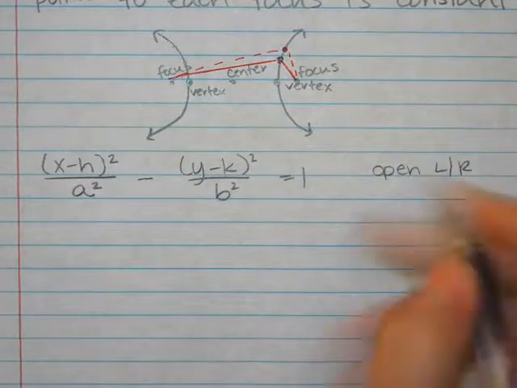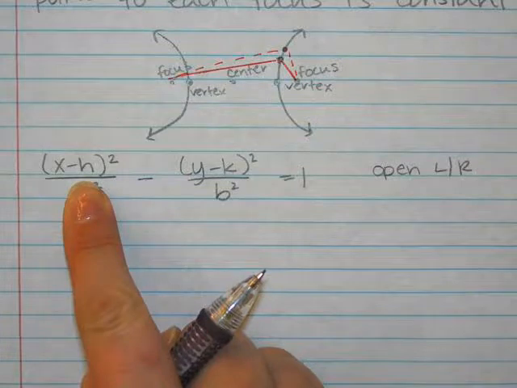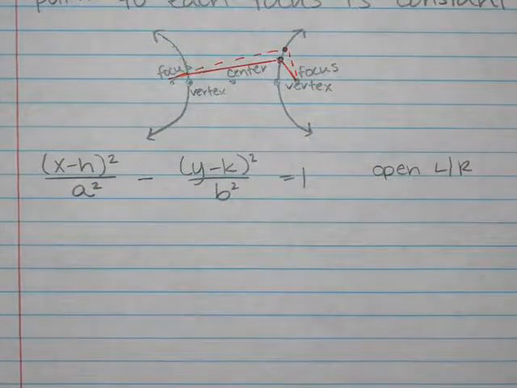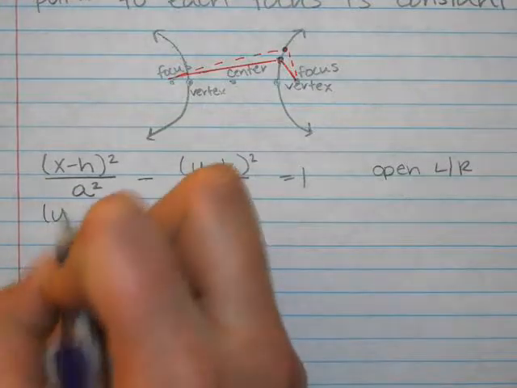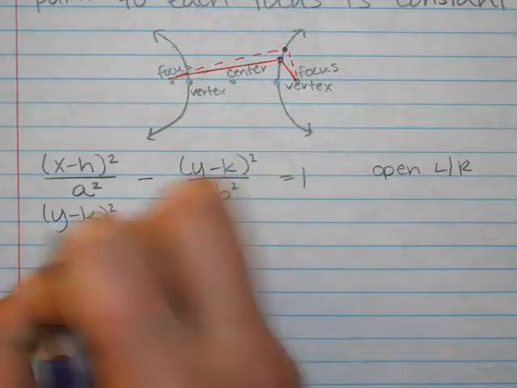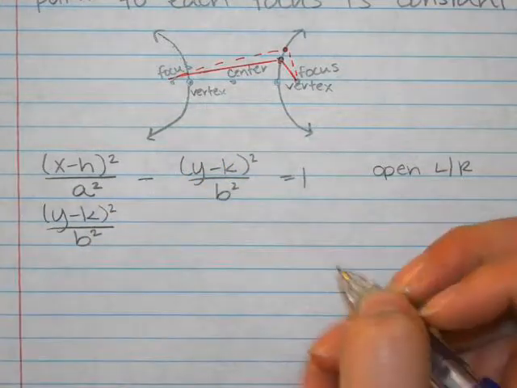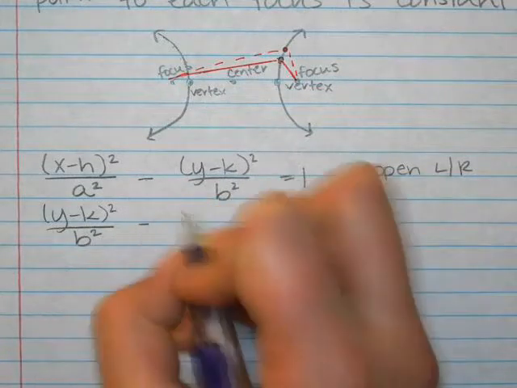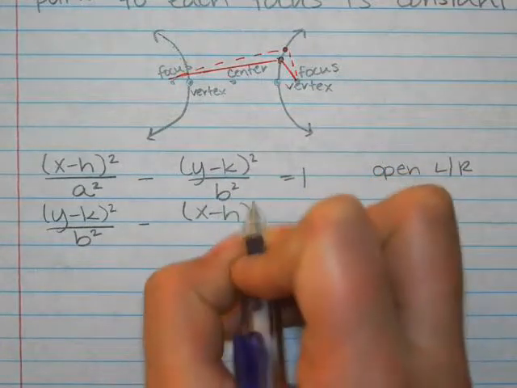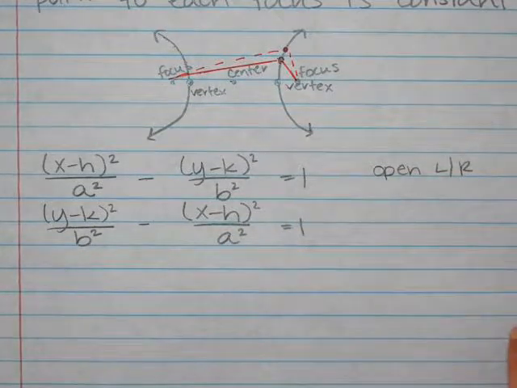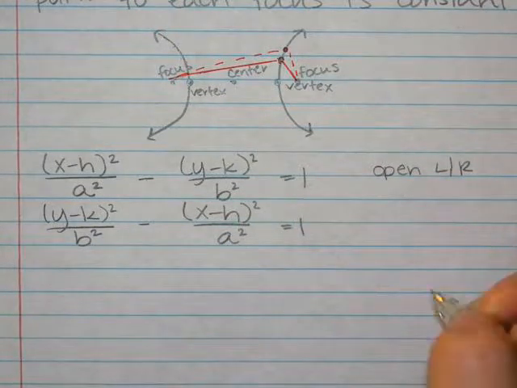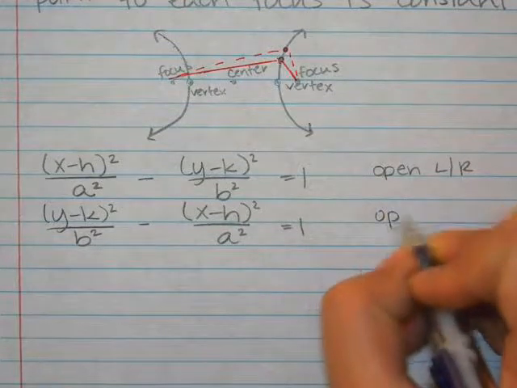And we know that because the x comes first in the equation. And then we also have the formula (y minus k) squared over b squared minus (x minus h) squared over a squared equals 1. And this time, since the y came first, this one opens up and down.